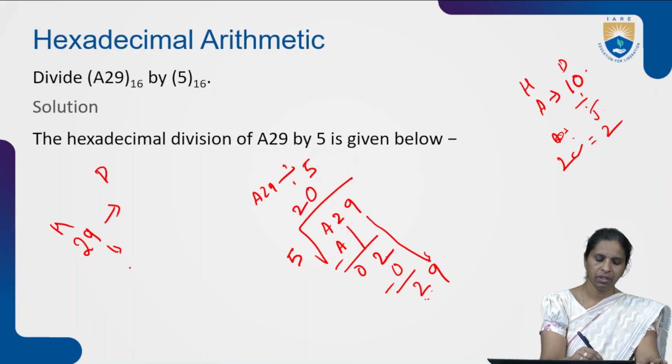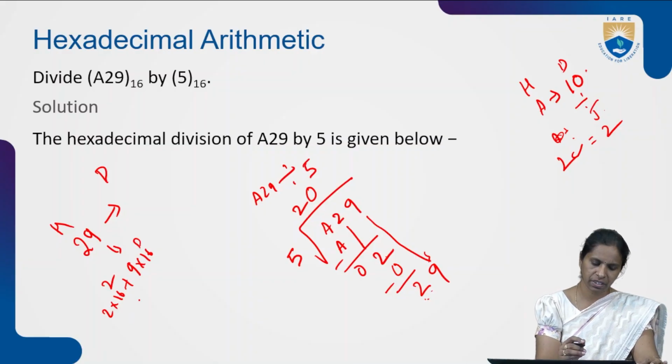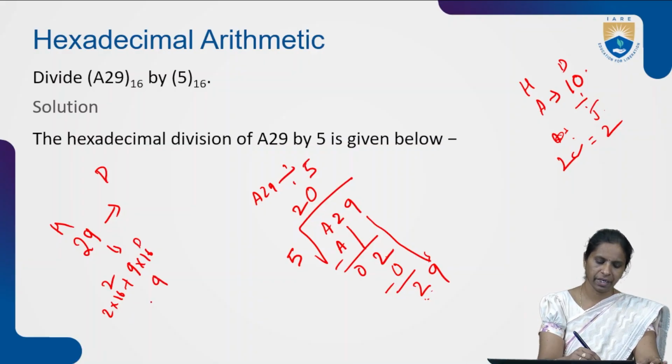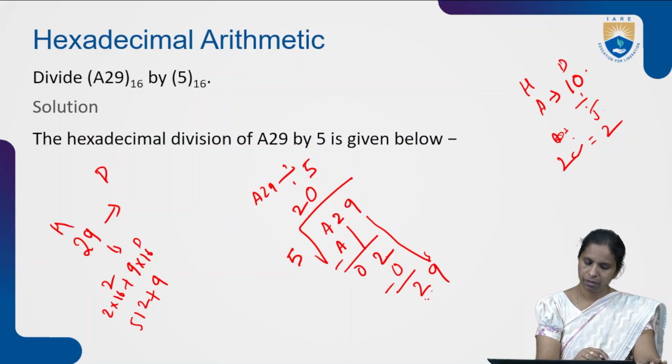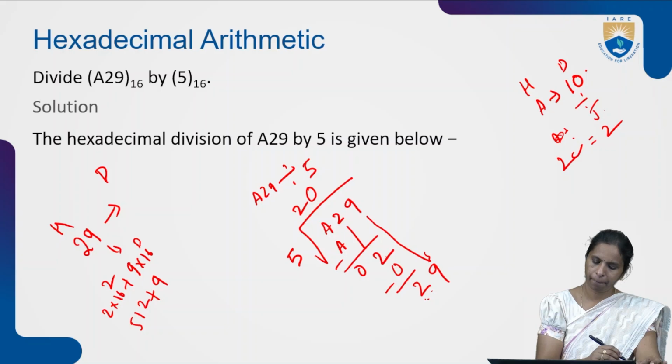What is the weight in the exponent form? How are we going to write it? 2 into 16 power 1 plus 9 into 16 power 0. So 16 power 1 into 2 is 32, plus 9 is equal to 41.